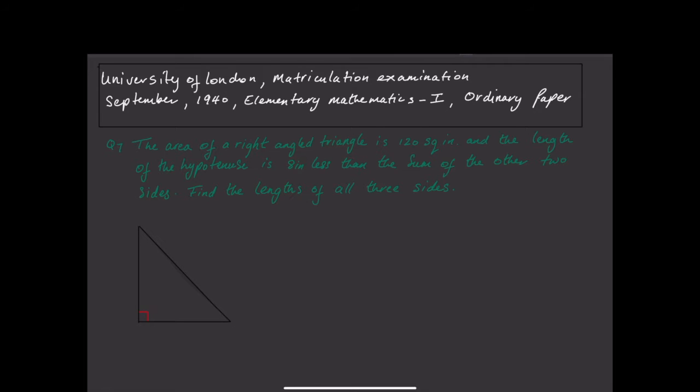So clearly, this question is telling us about right angle triangles, and obviously we're going to have to use Pythagoras theorem to help us. So let's write down a few things from the statement that's going to help us.